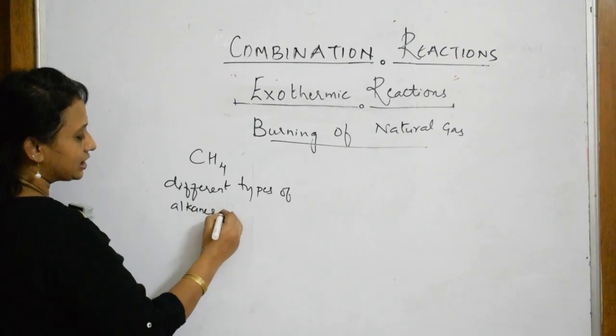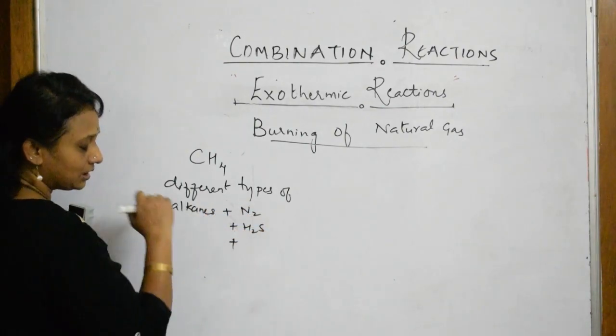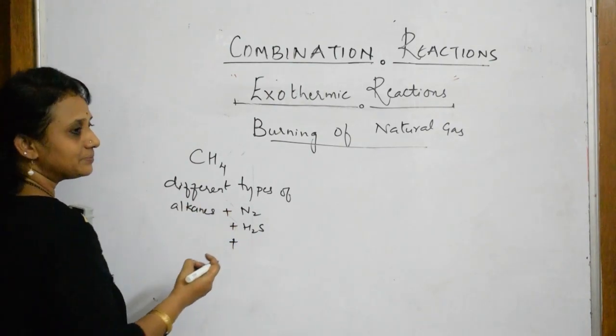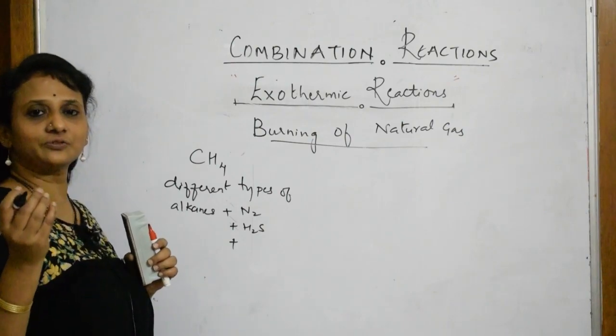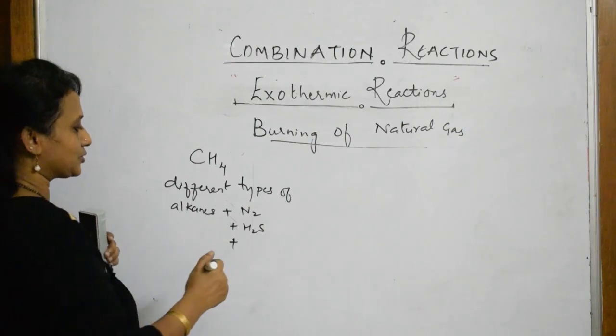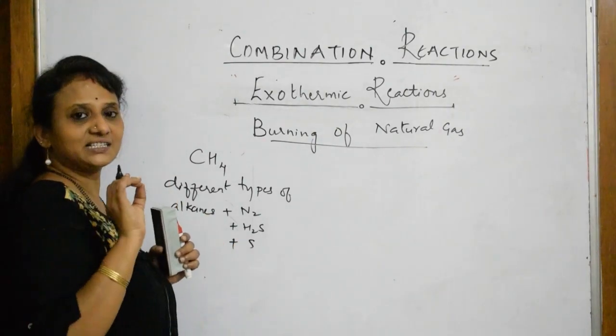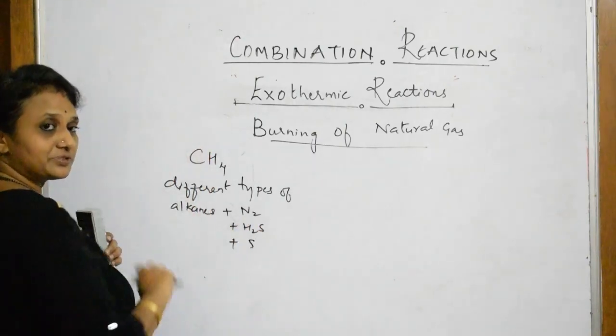Along with this, it will also have different types of alkanes, nitrogen, hydrogen sulfide, and a little combination of sulfur also, in trace, meaning little quantity. So all these together form natural gas.